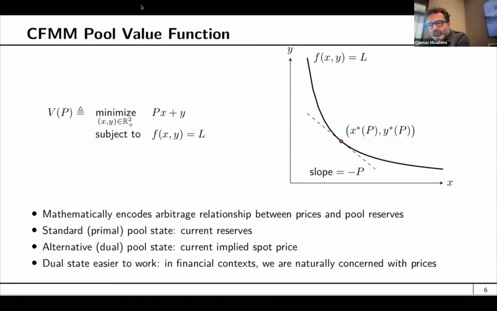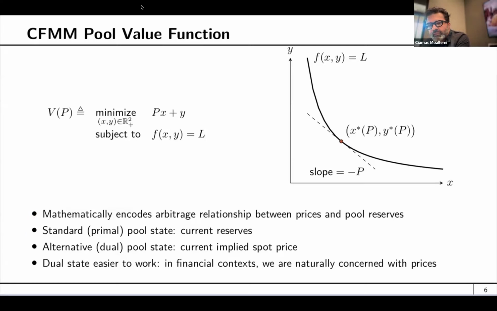As we track the state of the pool over time, there are two natural state representations. The initial, most obvious one is to keep track of the pool reserves. We can think of that as maybe a primal representation in terms of a convex analysis. Where are we in this vector space?